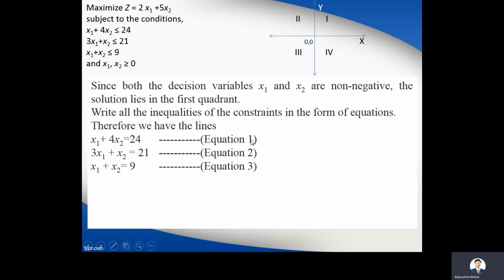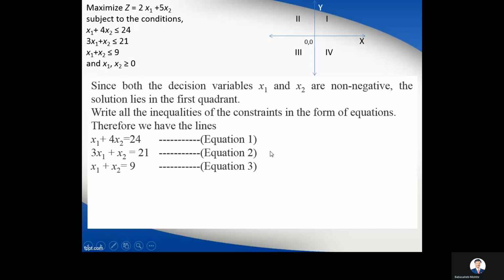This is my first equation. Likewise, I remove the less than or equal to sign from the second constraint, and I get 3x1 plus x2 is equal to 21, my second equation. And if I remove the less than or equal to sign from the third constraint, then I will get x1 plus x2 is equal to 9. This is my third equation.